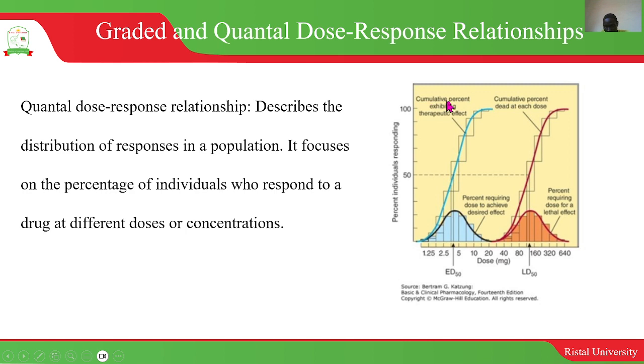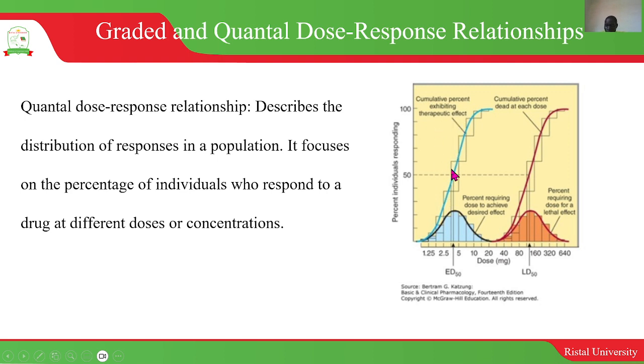Here we have cumulative percentage exhibiting therapeutic effect. That means they are responding to the drug and getting the benefit of the drug without any adverse effects.